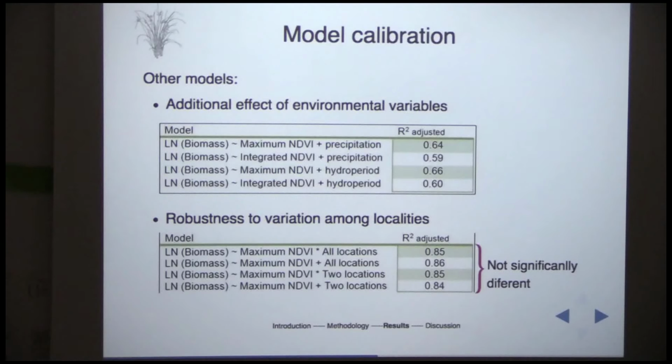If we compare these two models, they are not significantly different from each other, and this led us to think that although the intercepts can be different, because the base level of biomass is different, the behavior is the same.